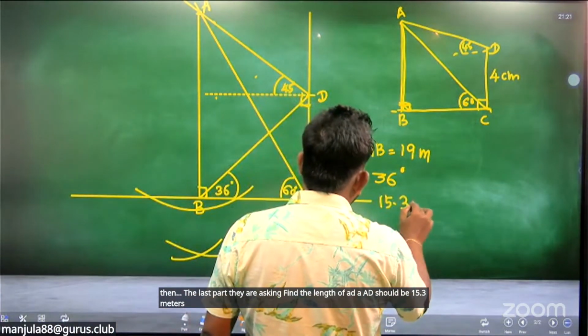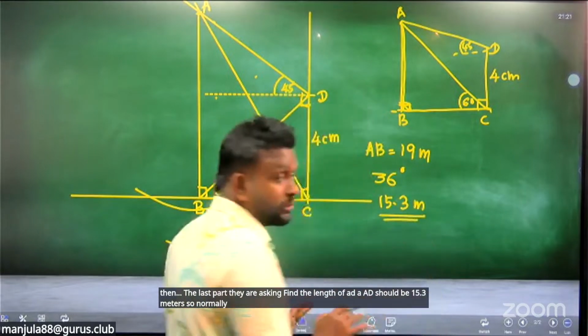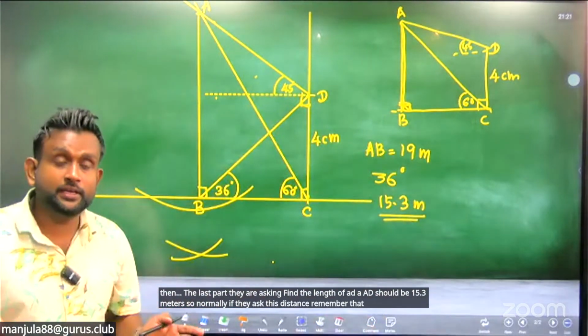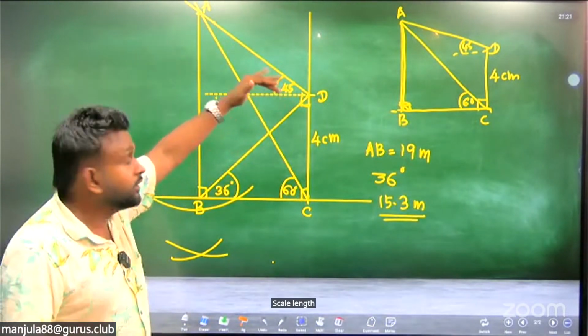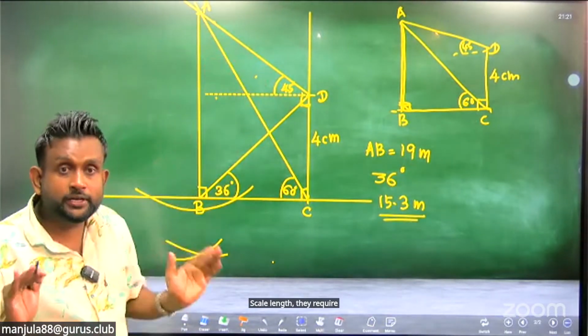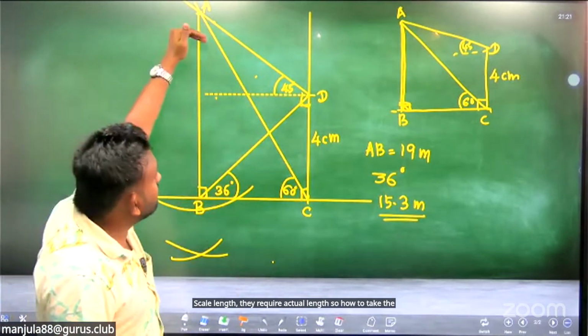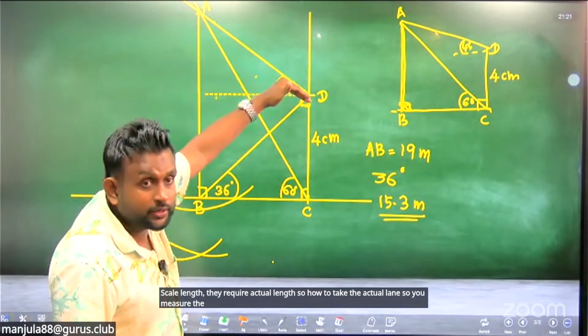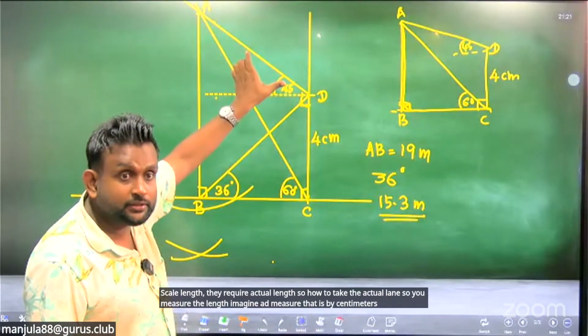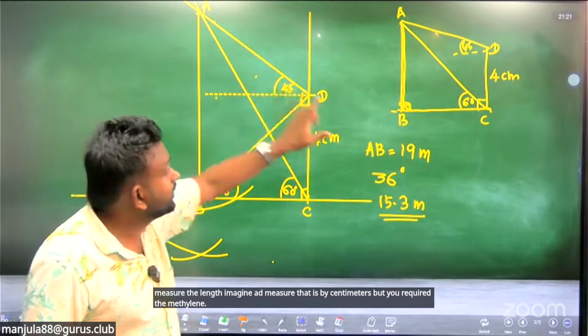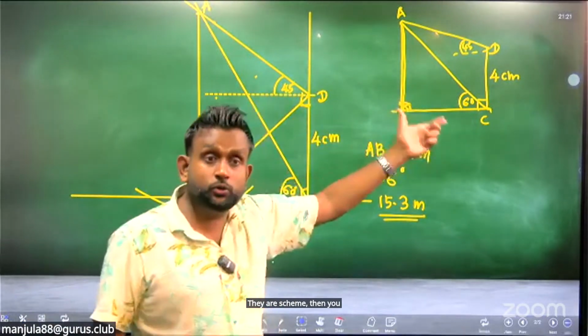So normally if they ask this distance, remember that they are not asking the scale length. They require the actual length. So how to take the actual length? You measure the length, imagine AD measured in centimeters, but you require the meter length. Actual length they are asking. Then you know that 1 centimeter is 2 meters.